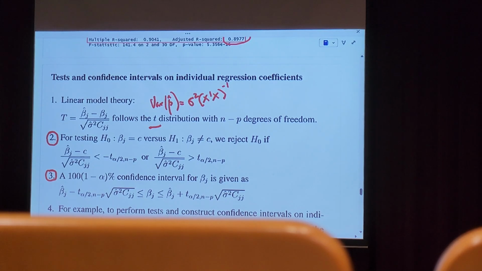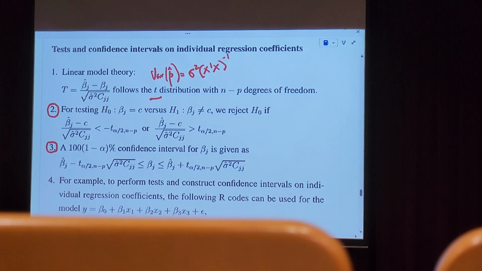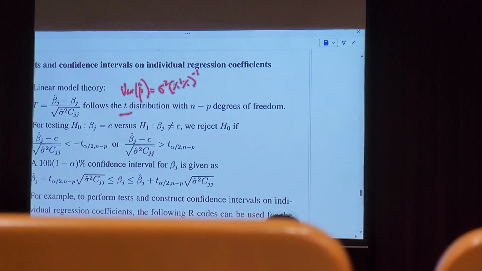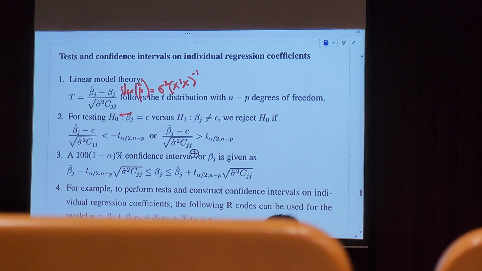That's why I don't discuss them in detail. As long as I know that this follows a T distribution, I can derive these two easily based on the knowledge that you have already learned.